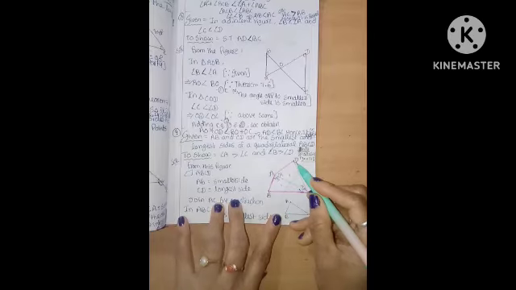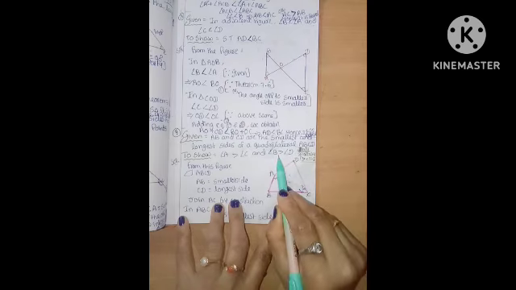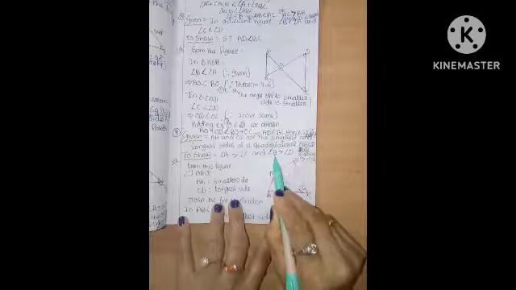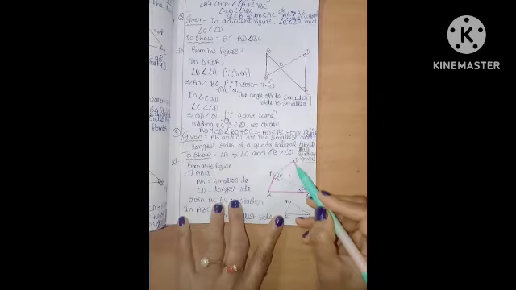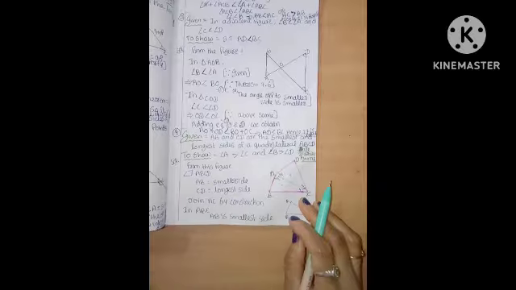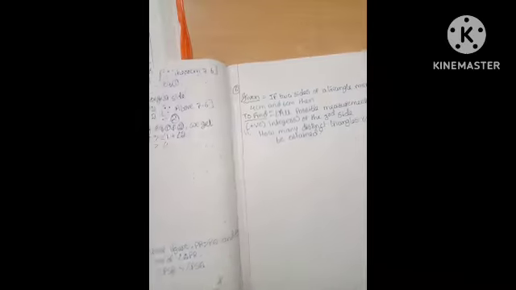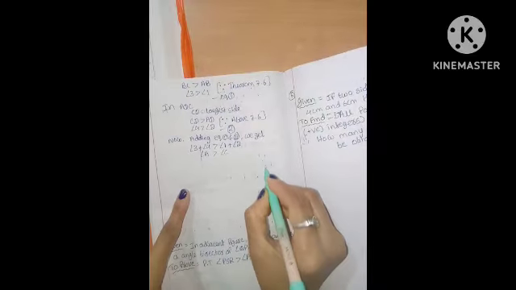Join BD. Why did we need this? In the given question, I have to show that angle B is greater than angle D. So that is why we join BD by construction. Are you clear? Separately you can draw it here in another figure.